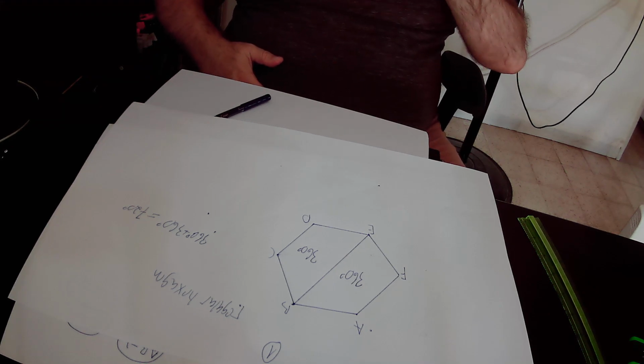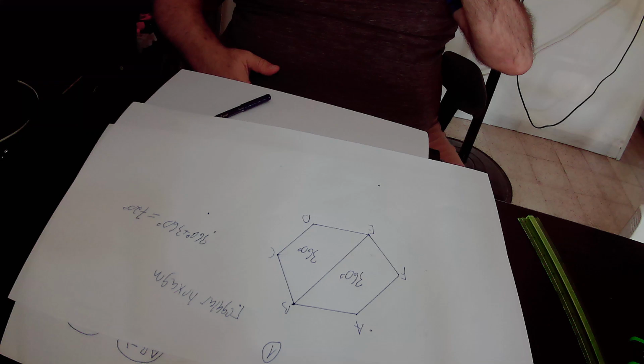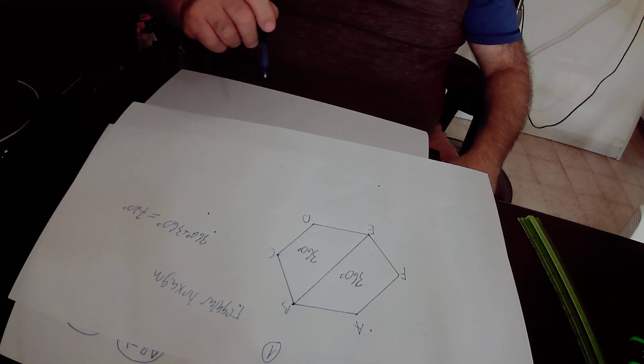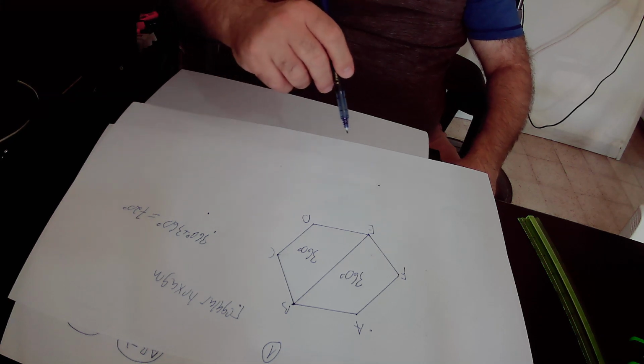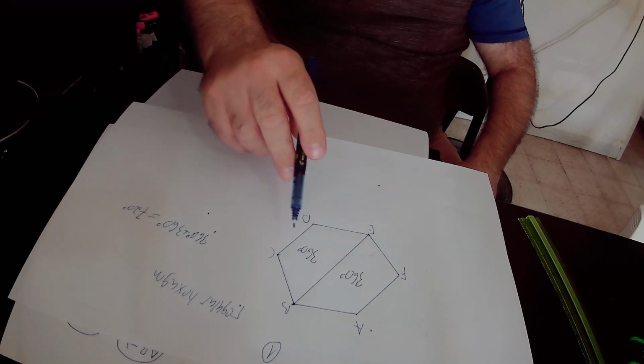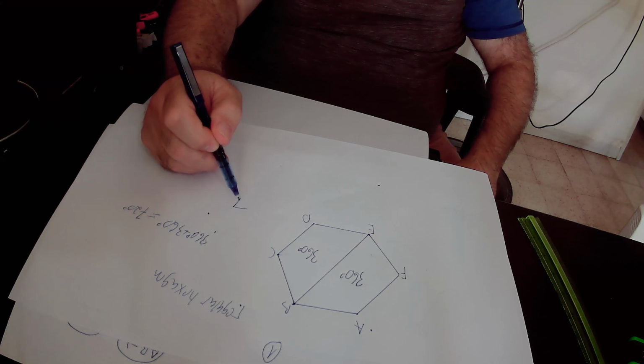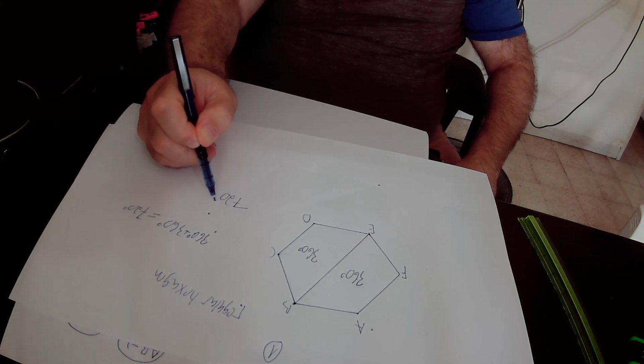So the sum of all the 6 angles is equal to 720 degrees.